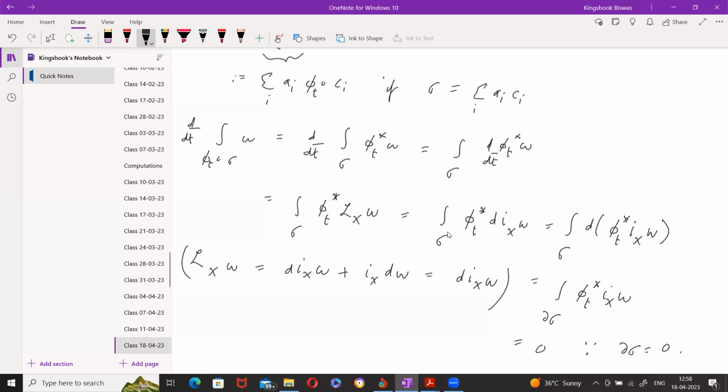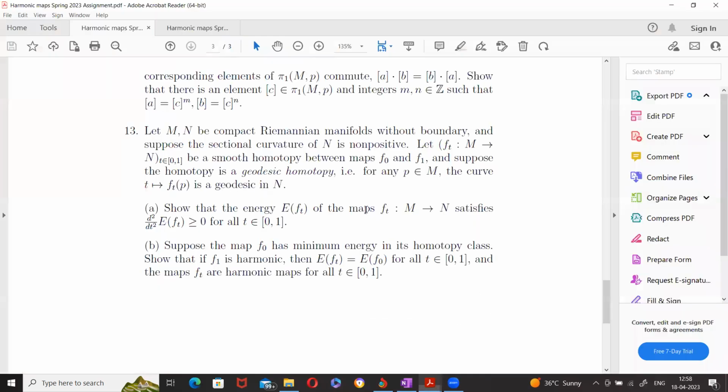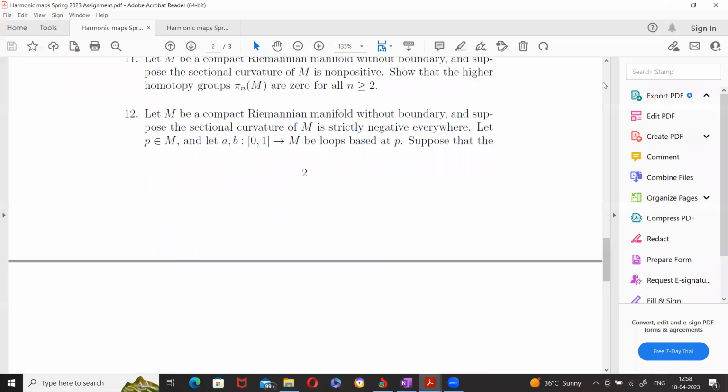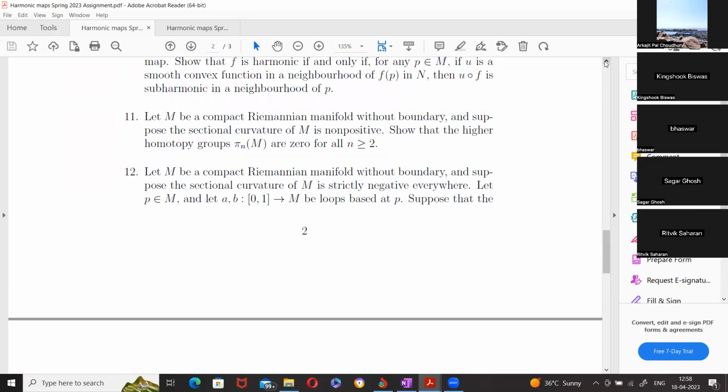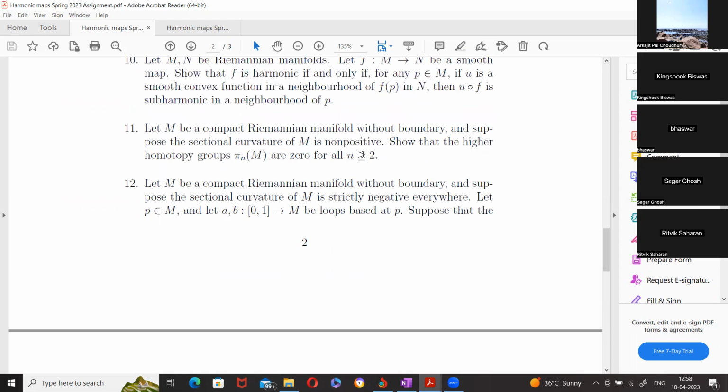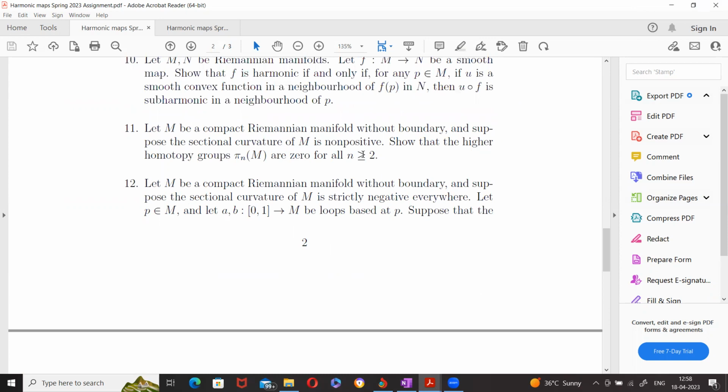Sir, question number 11 follows directly from Eells-Sampson, right? Not just Eells-Sampson, but also the theorem. You have to state the theorem that if the Ricci curvature is non-negative, and positive at some point, and if the sectional curvature of N is non-positive, then the map is constant.